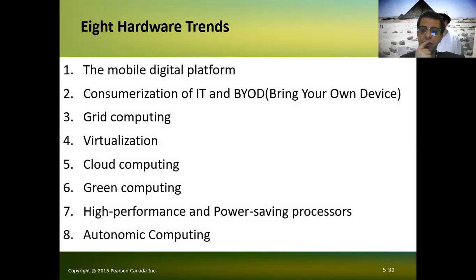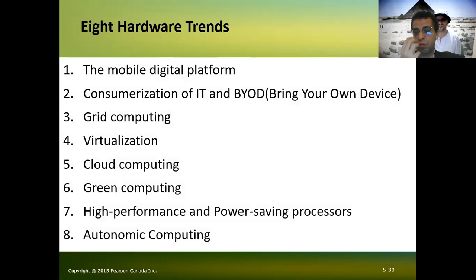And then what do you have? The grid computing, we'll talk about grid computing, virtualization, cloud computing, and green computing, which is how you destroy old computers without harming the environment. And then we have the high performance and power saving processors.